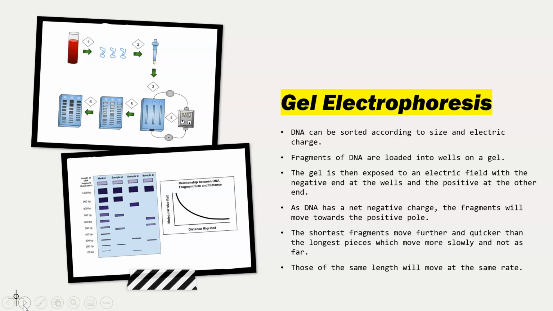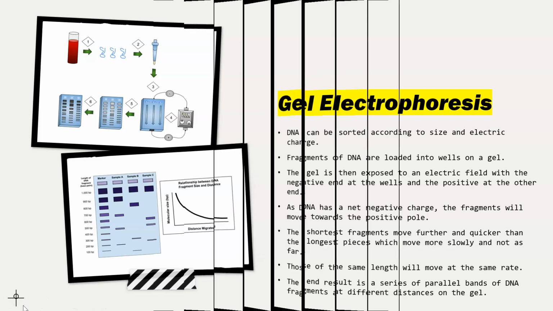Those of the same length will move at the same speed. The end result is a series of parallel bands of DNA fragments, all at different distances in the gel. That then gives you a profile that you can compare to other DNA samples.